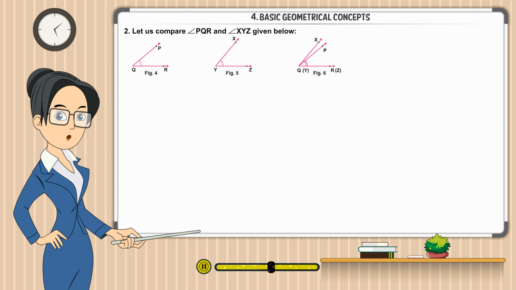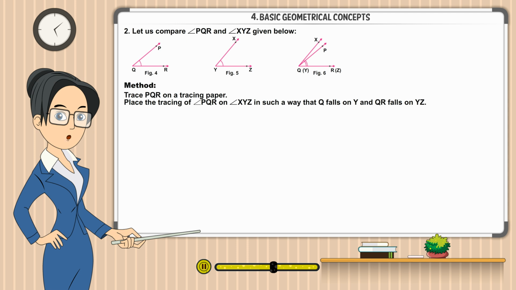Let us compare angle PQR and angle XYZ given below. Method. Trace PQR on a tracing paper. Place the tracing of angle PQR on angle XYZ in such a way that Q falls on Y and QR falls on YZ.